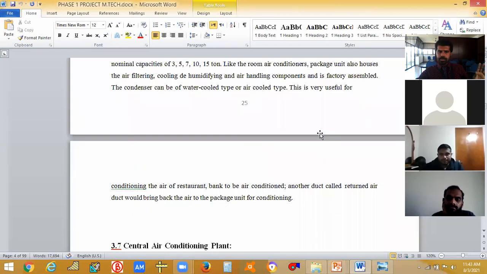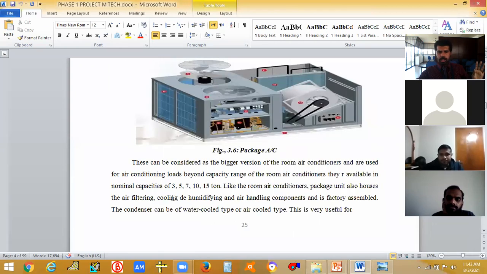It's available in normal capacities like 3 ton, 5 ton, 7 ton, 10, 15, and you can go like that. According to different brands, it will change. Instead of 3, it might be 3; instead of 5, it will be 5.5 tons, in the case of Daikin. If you are choosing Daikin as a brand, I think the packaged AC starts from 5.5 only.